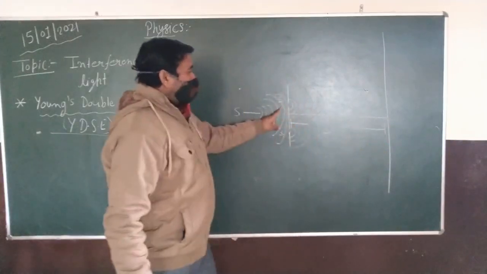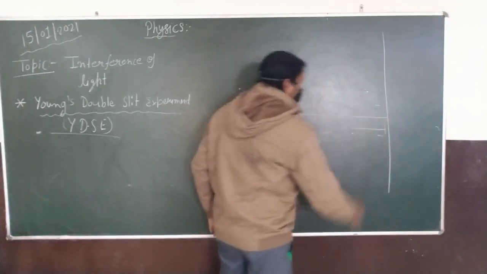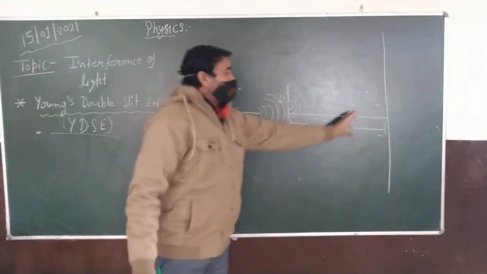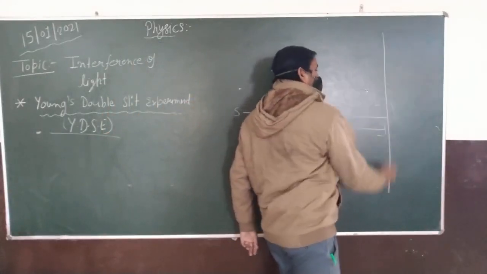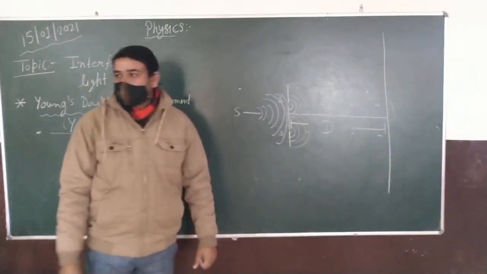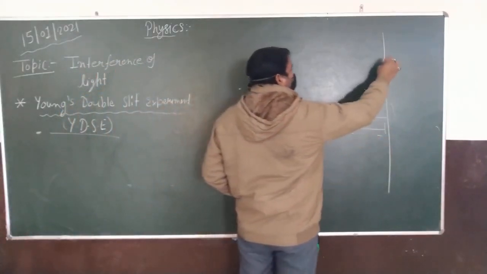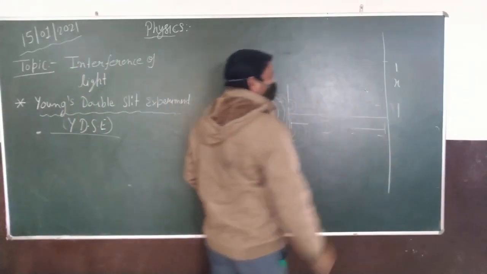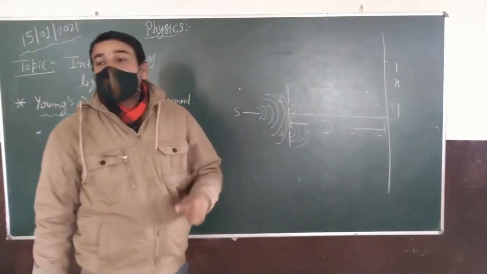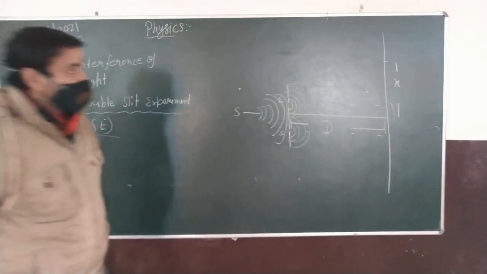Where the waves hit the screen, let there be a point at x height above the screen where we need to calculate the fringe pattern.